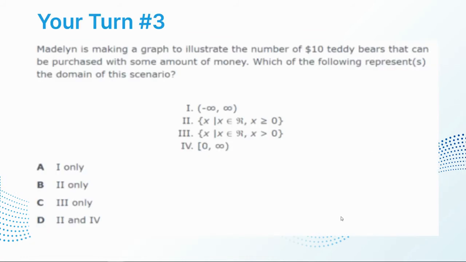Okay, your third turn is a problem. Madeline is making a graph to illustrate the number of $10 teddy bears that can be purchased with some amount of money. Which of the following represents the domain of this scenario? So one is it could be negative infinity to infinity, or what we call all real numbers. The second one is set notation.